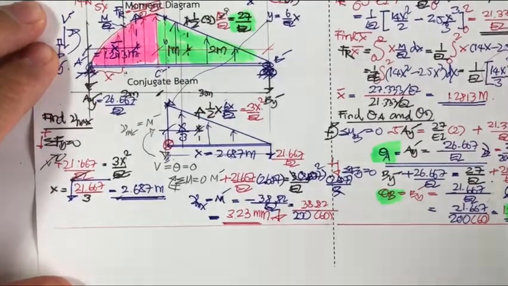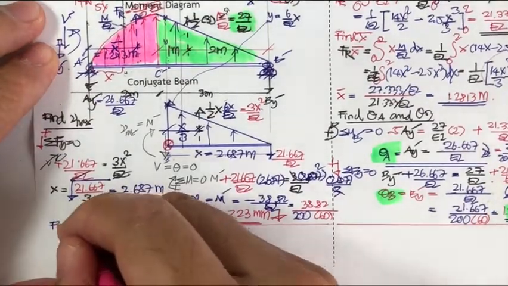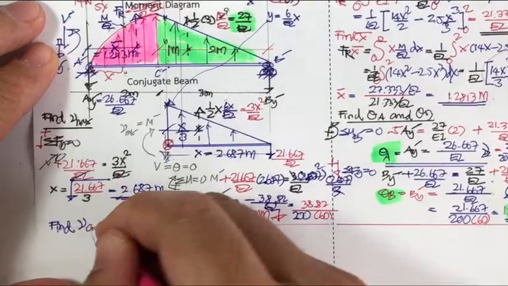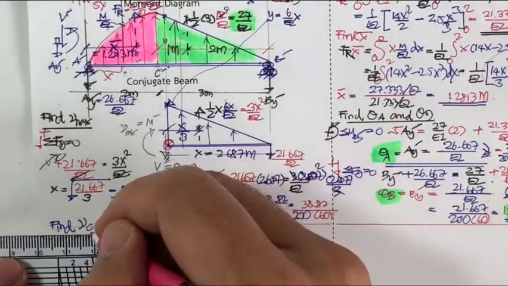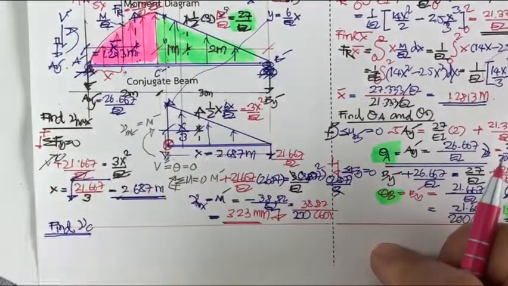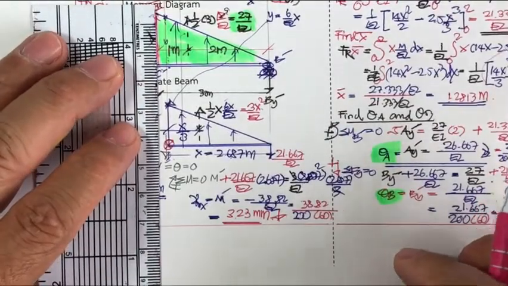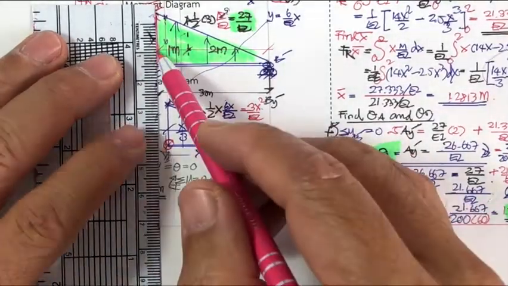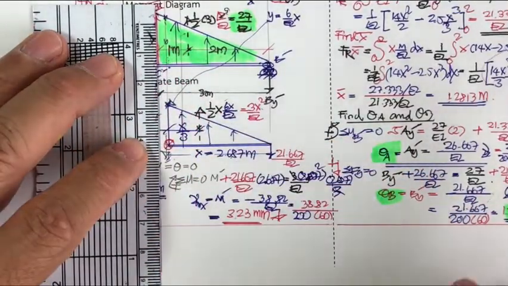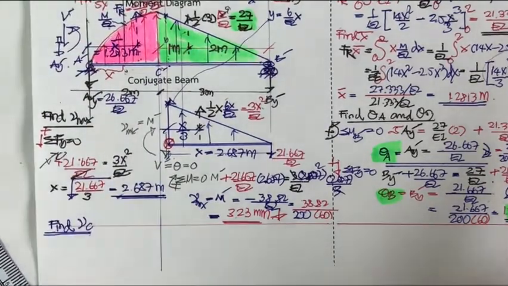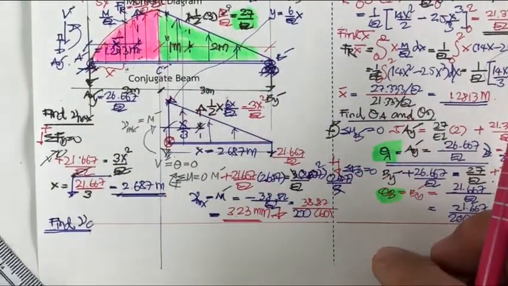And the author, we're going to find V sub C. To find V sub C, that means we're going to draw another free body diagram, but this time we're going to draw it at C prime.